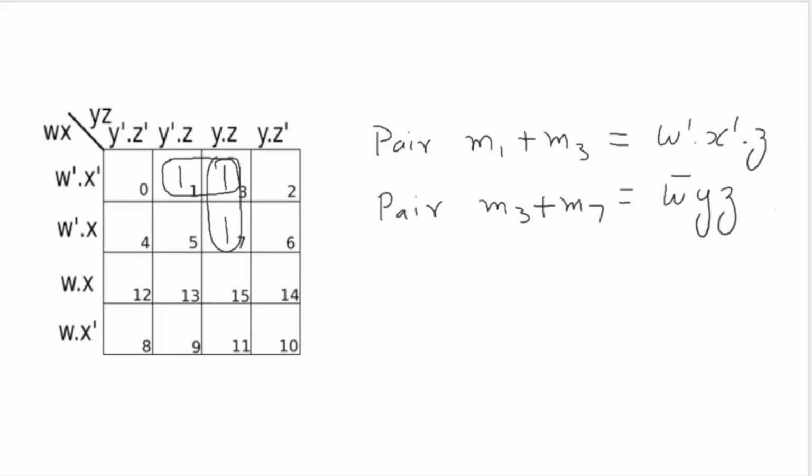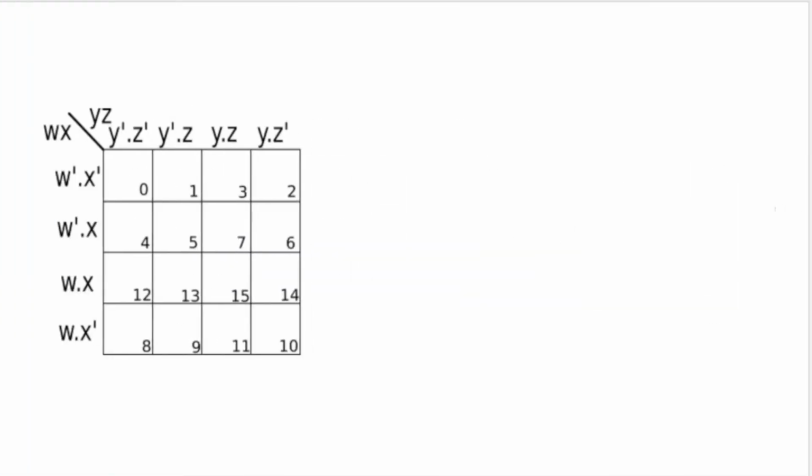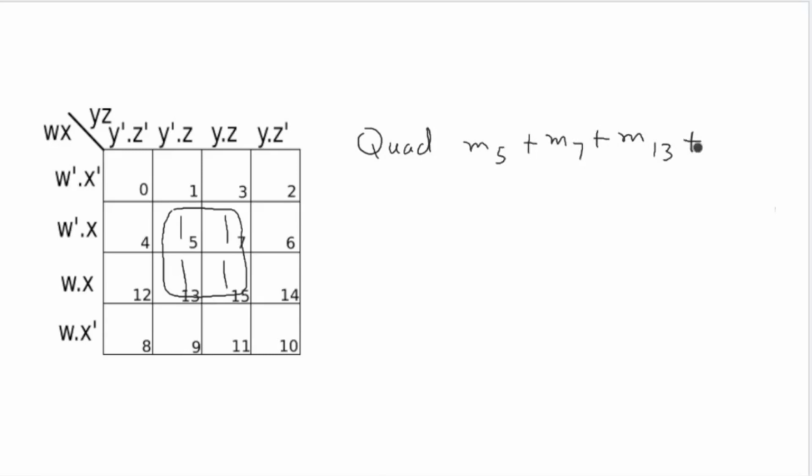Now we'll see how to reduce a quad. So let's have a quad first. Let's say our quad is over here. We'll form a quad, and in order to refer to this quad, we'll say quad m5 plus m7 plus m13 plus m15.